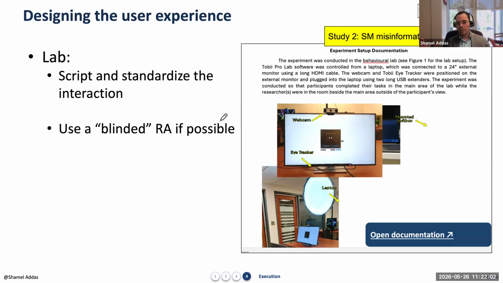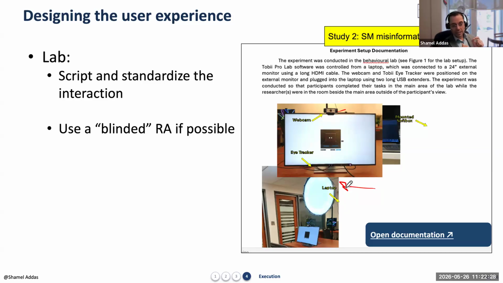How big should the monitor be that people are looking at, because we're tracking their eyes? Where should the camera be positioned? How about the lighting? We experimented with different lighting and intensity of lighting, positioning of the lighting, ergonomics of the chair, tons of design decisions that we had to test before we actually conducted the experiment.